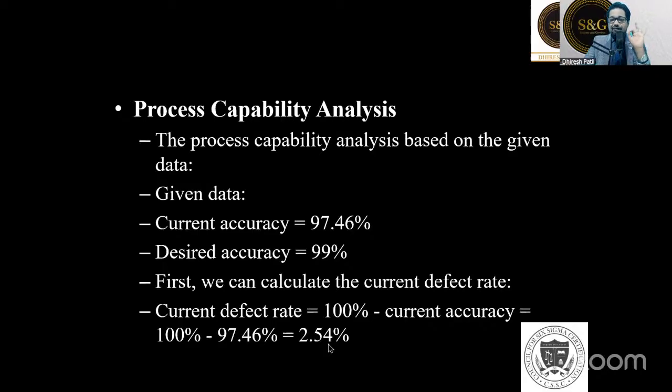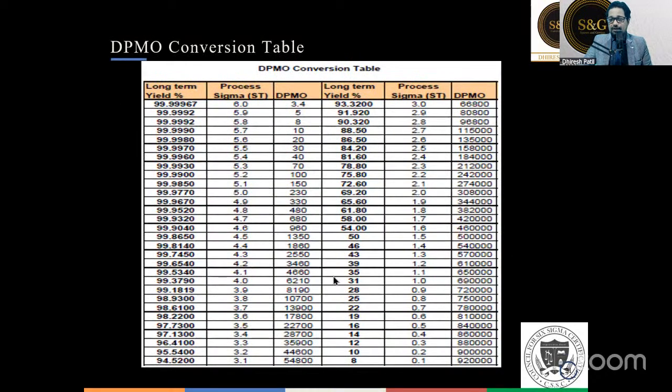So this is the defect rate in percentage. If we convert into per million, it becomes 25,400. So per 100, it is 2.54. So per million, it will be 25,400. Then we come to the DPMO conversion table and check the nearest number here, which seems to be the center of 22,700 and 28,700, which is approximately 3.45 sigma. Clear?